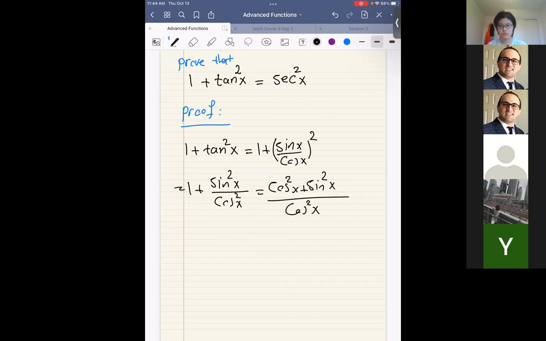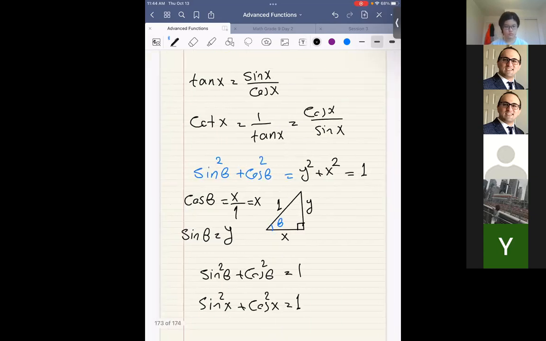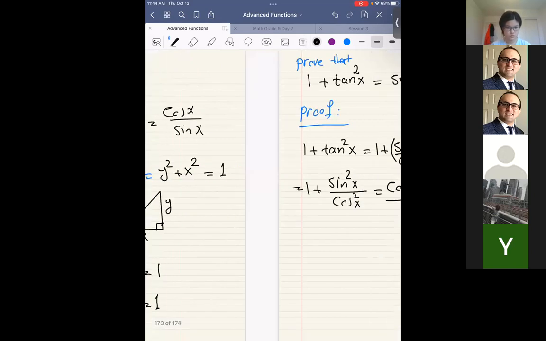On the top, you have cosine square plus sine square, which is, I told you, the most important identity. What is sine square plus cosine square? 1.